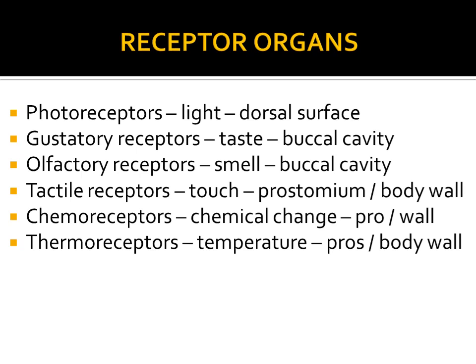Could you tell me what our receptor organs are? We have 5 receptor organs: eyes, nose, ear, tongue and skin. Through these 5 organs we receive the sense from the external environment.